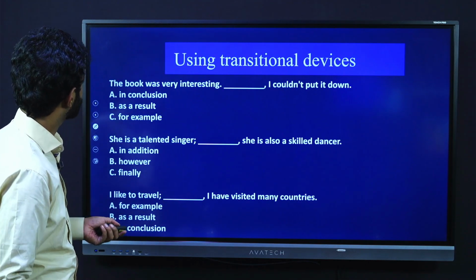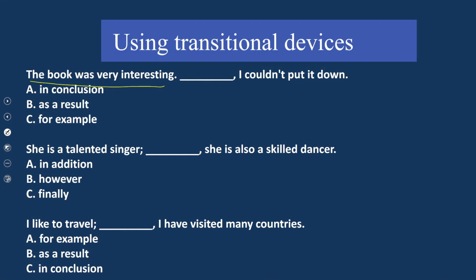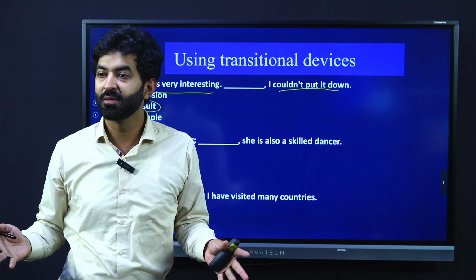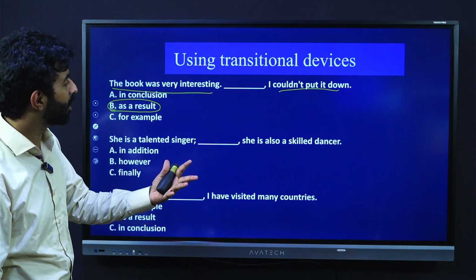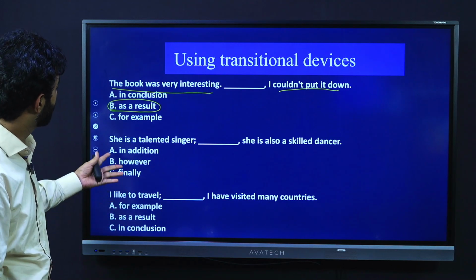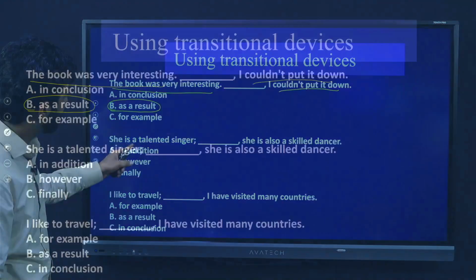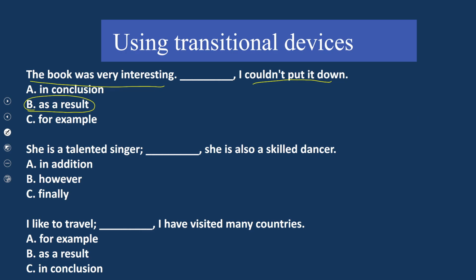Next one, the book was very interesting. I couldn't put it down. So, yes, as a result. The book was very interesting, so much that I could not put it down. I read all of the book in one sitting. All right. She is a talented singer. She's also a skilled dancer.